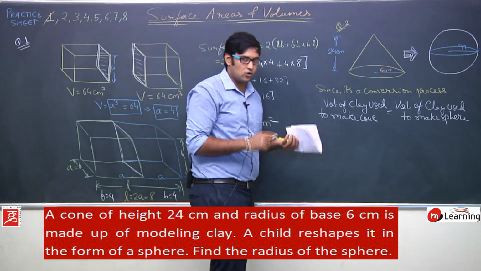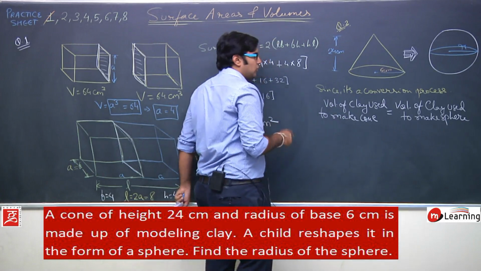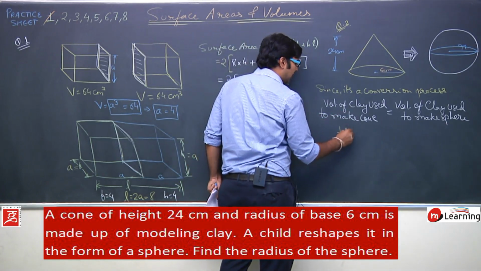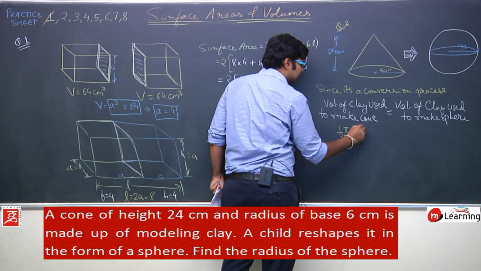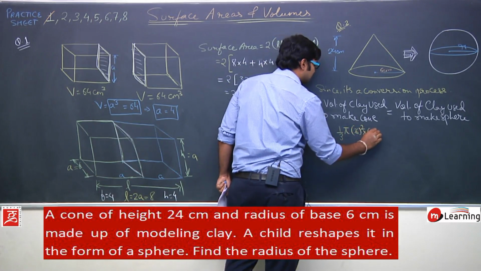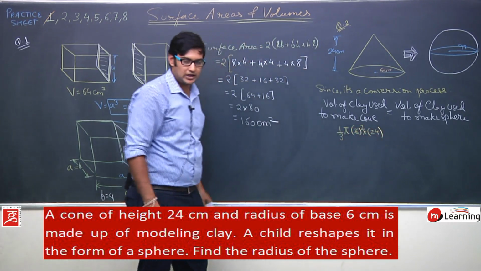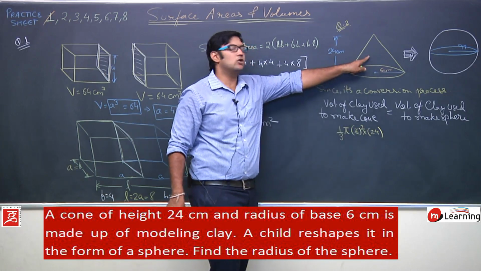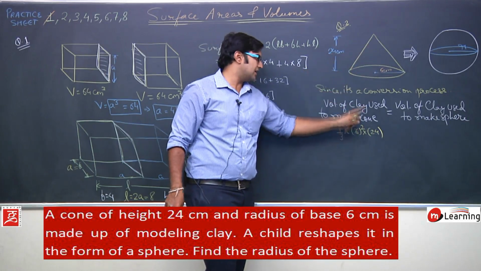So what is the volume of the cone? The volume of clay used to make the cone is 1/3 pi r square h, where r is 6 and h is 24. What is r? It is 6.